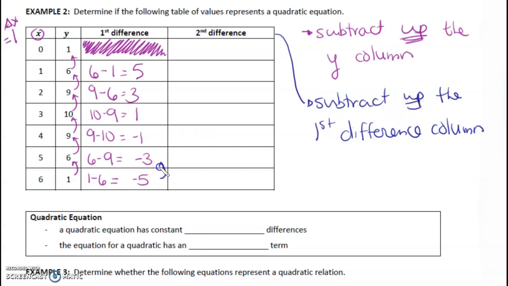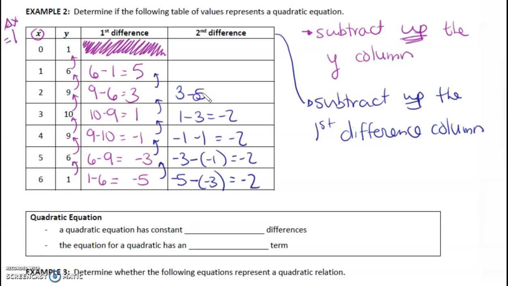So we have -5 minus -3. Don't get caught not doing the double negative here. So we get -2. -3 minus -1, -2. -1 minus 1, -2. 1 minus 3 is -2.